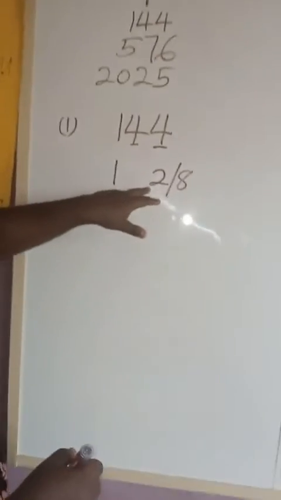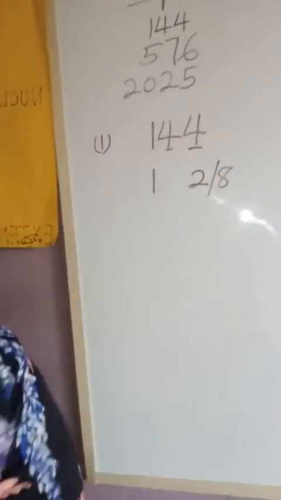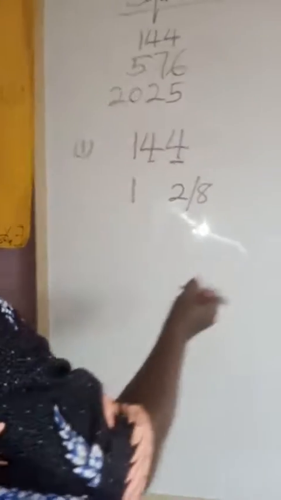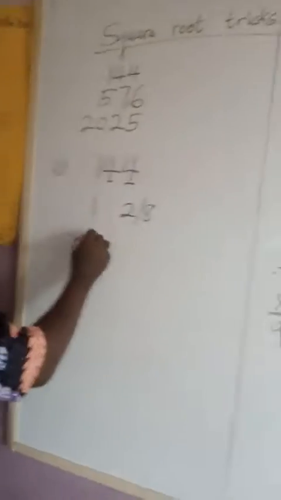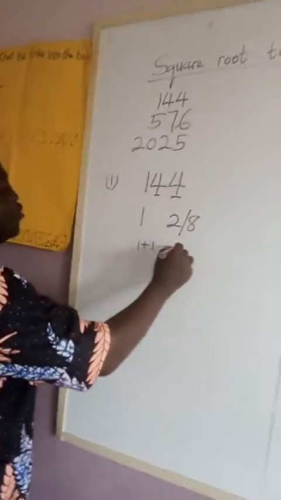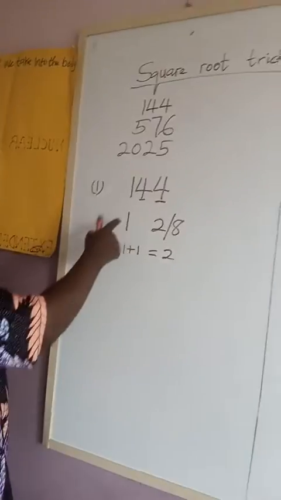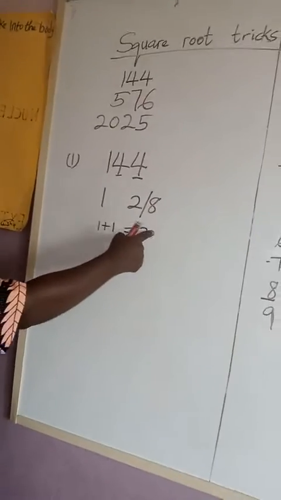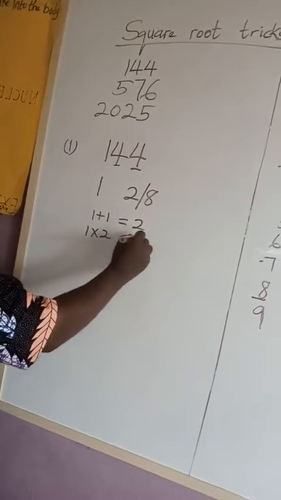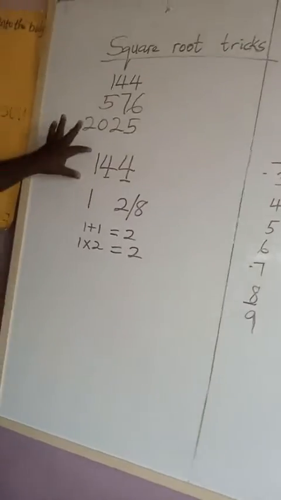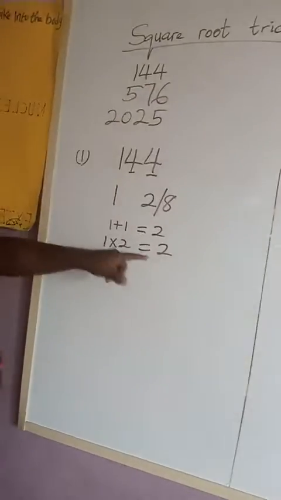Now we want to pick out of these 2 and 8. Now how do we pick out of these 2 and 8? This is what you want to do. You want to add 1 to this 1. 1 plus 1 is equal to 2. And we are now going to multiply this 1 by this 2. 1 times 2 is equal to 2. And we want to compare this 1 and this 2.